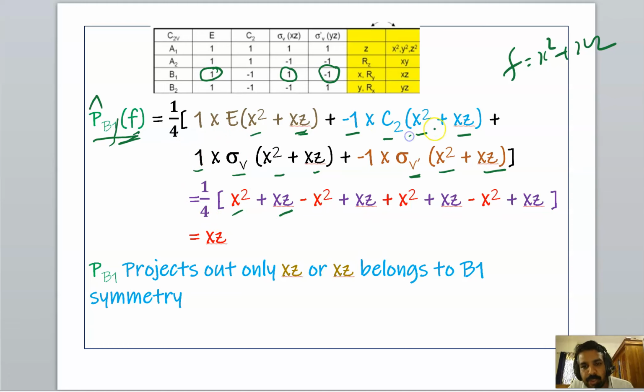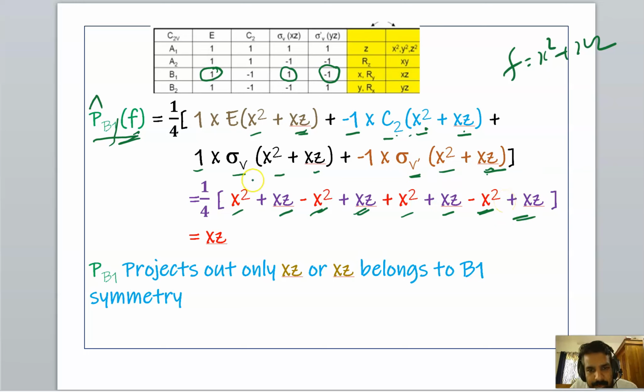Minus 1 into C2 into x square is equal to minus x square. C2 xz becomes minus xz, minus into minus plus xz. Sigma v x square xz is equal to xz, then it is x square plus xz. Then minus 1 into sigma v dash x square, so minus x square. Xz becomes minus xz, minus into minus plus.